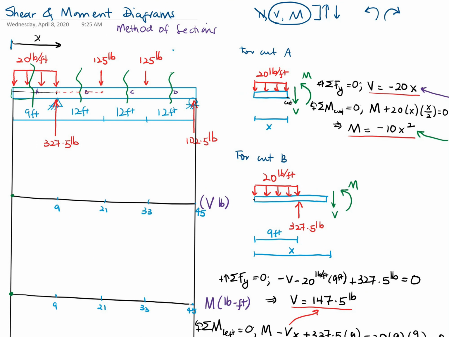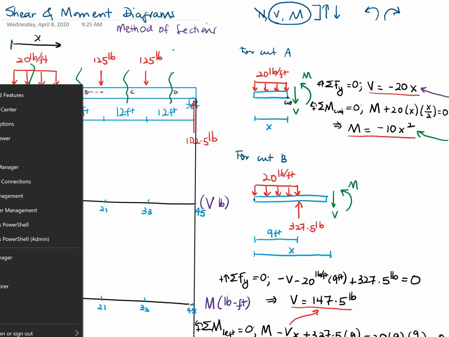So if you look back up here, at 9 we have negative 180, so we're going to go down to here. Obviously, if you're starting from 0 and you want to get to negative 180, the only option is to draw a straight line between the two of them.